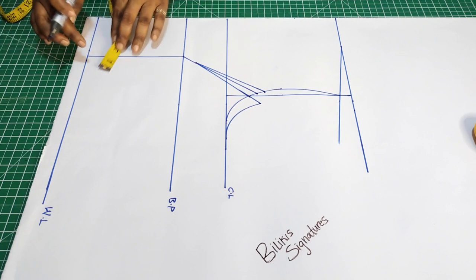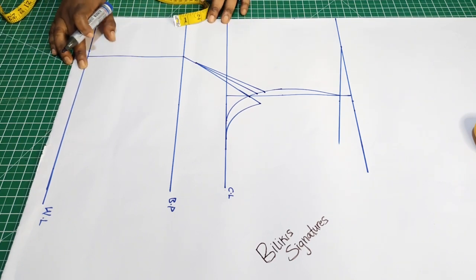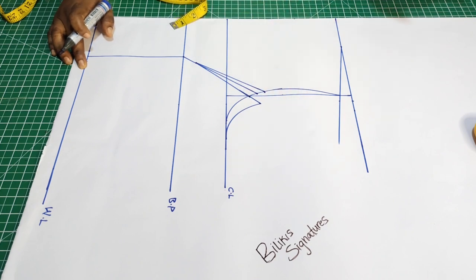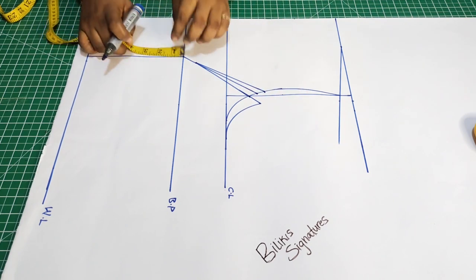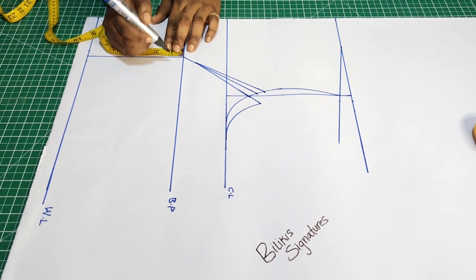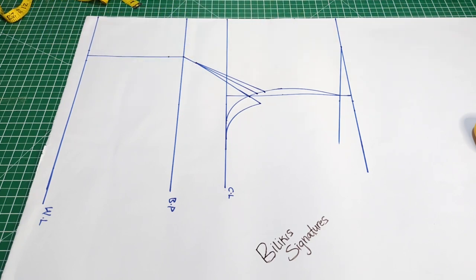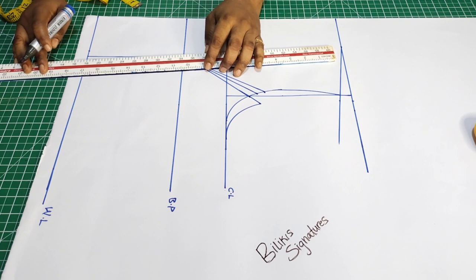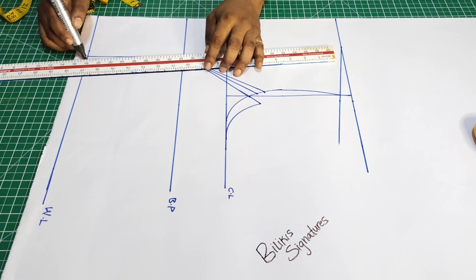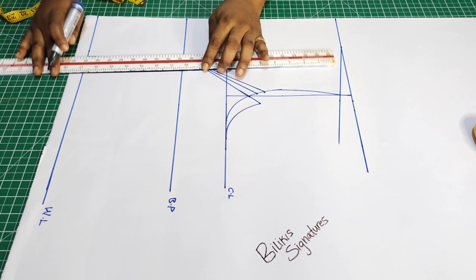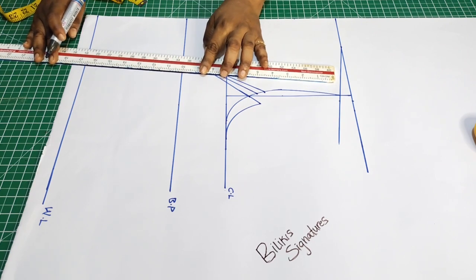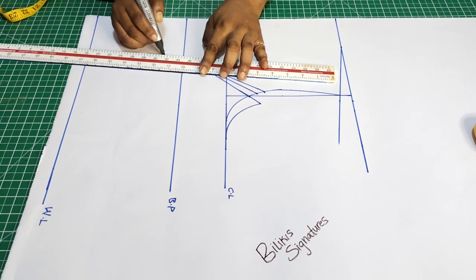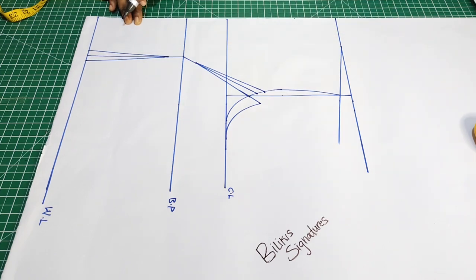Like for myself, I can make it up to 1 inch on both sides here and 1 inch also at the armhole region. I will do the same thing here and come down by 1 inch. Good.